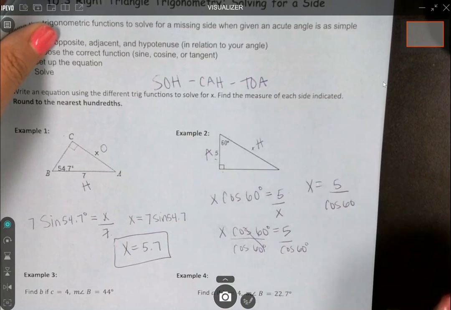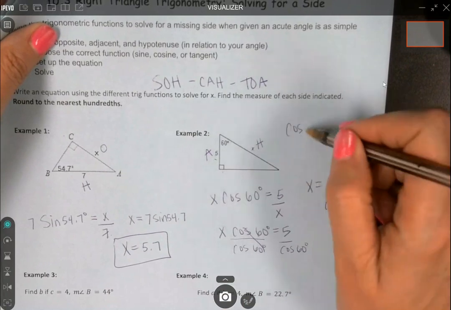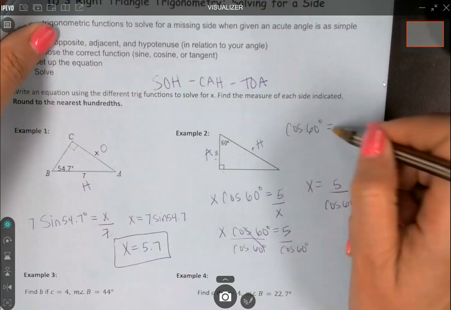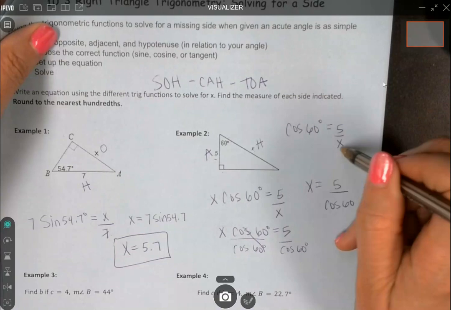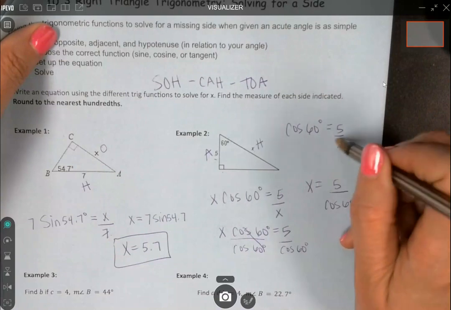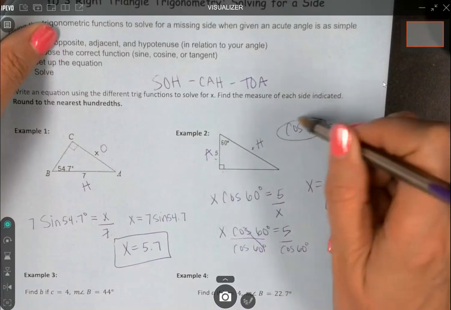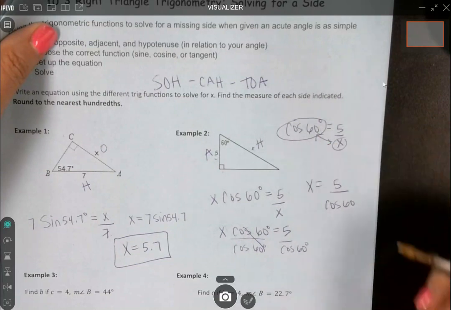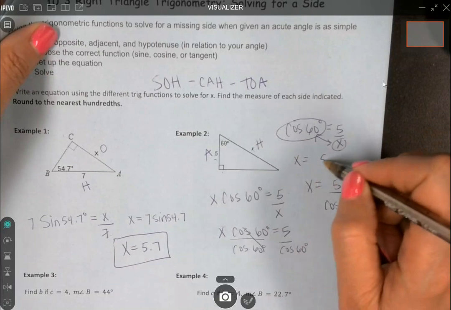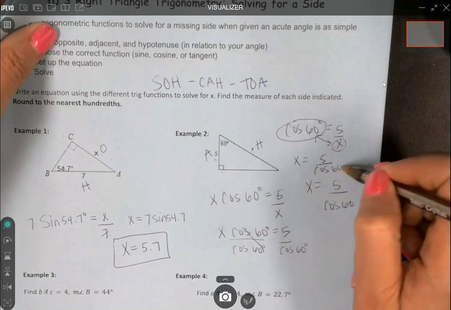Okay, so going back to our first equation that we had, the cosine of 60 equals 5 over X. So the shortcut here is if X is in the bottom, I can circle this and then switch their places. So X equals 5 over the cosine of 60.